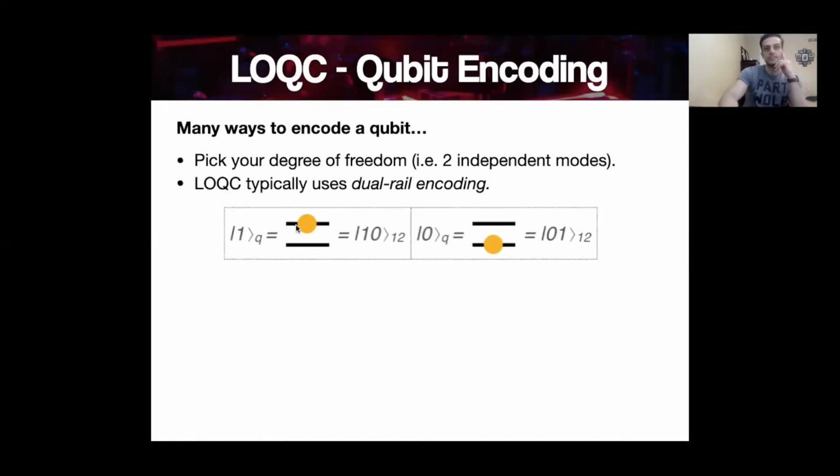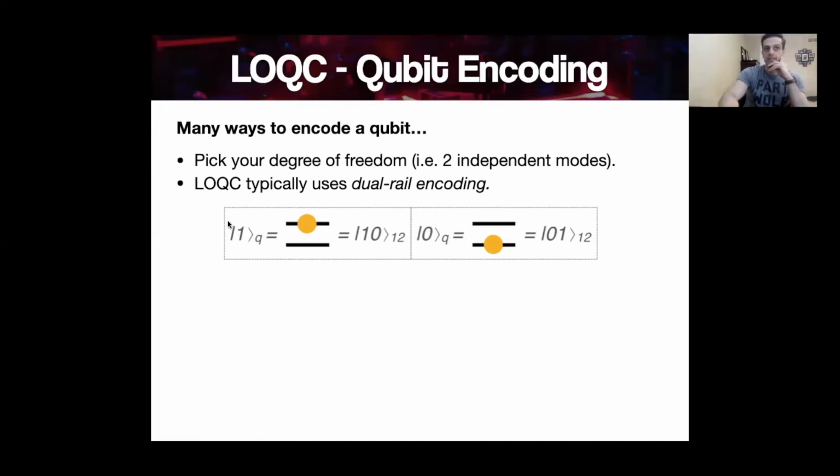So if we imagine our photon traveling in two rails above one another, two rails in parallel, okay, that makes sense. The photon being in the top rail is going to be the logical 1 state. We can also write it as |1,0> when we're being clear that we're talking about the two different rails.